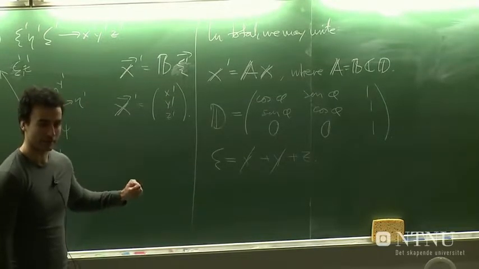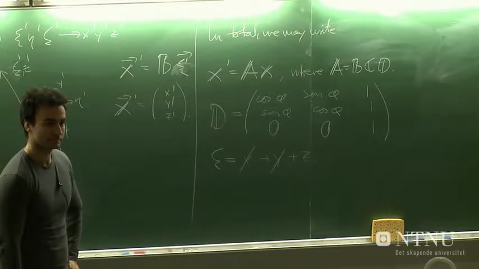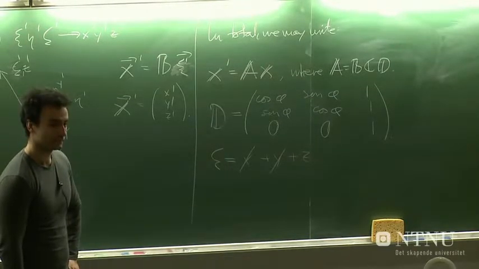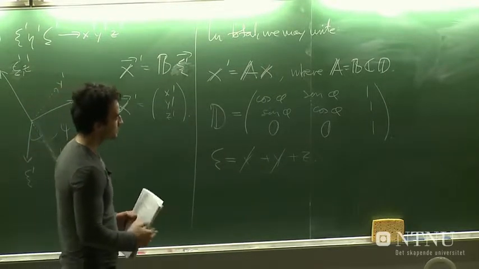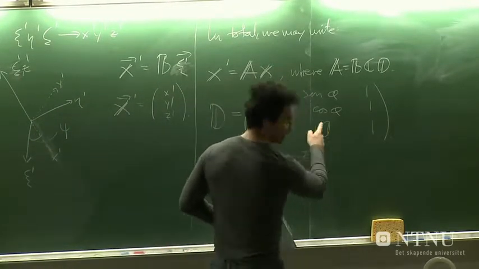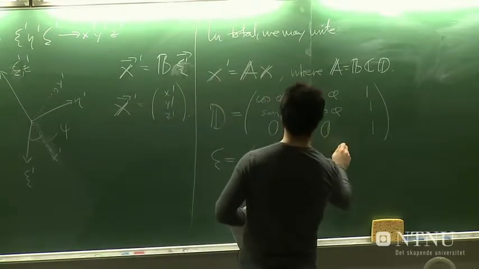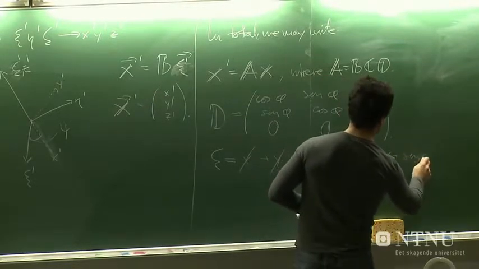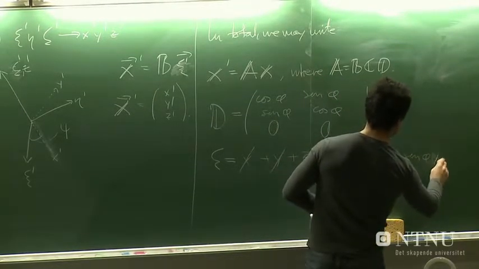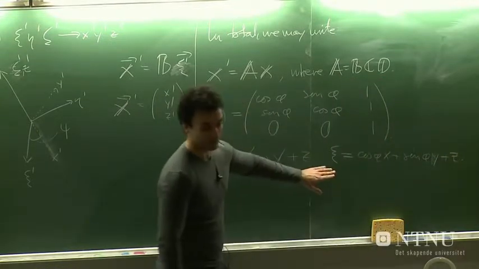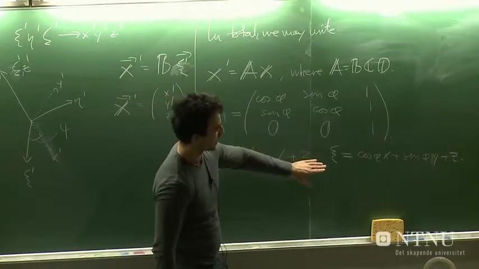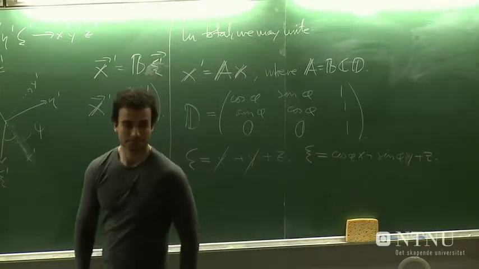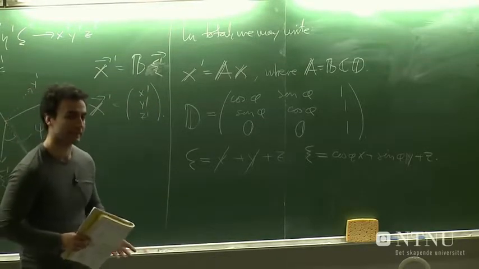Are we happy with this now? So we also have, if this is correct, that we should be able to write zeta like cosine phi x plus sine phi y plus z. Okay, you're not happy about this?